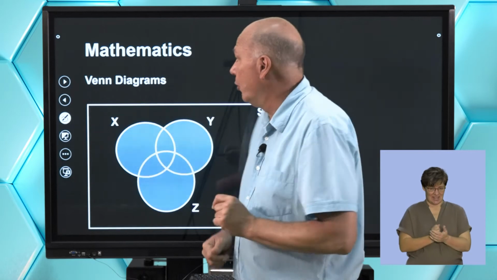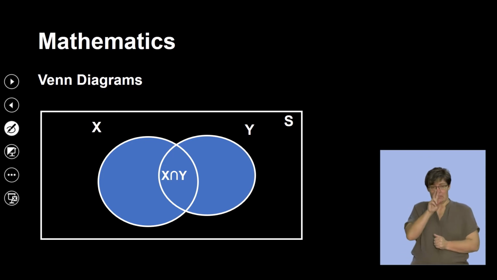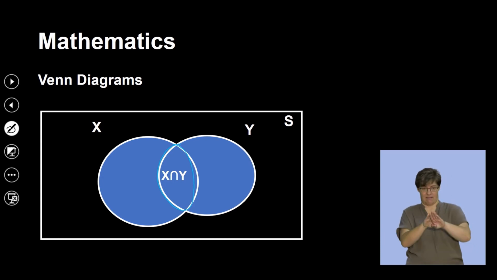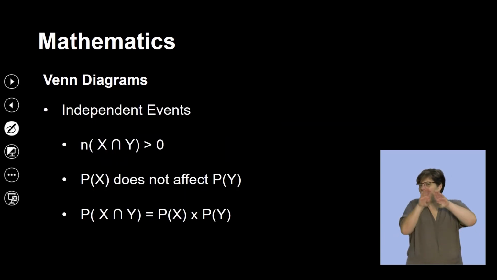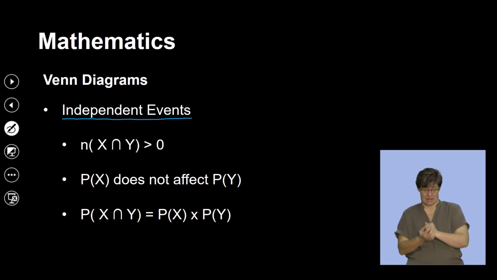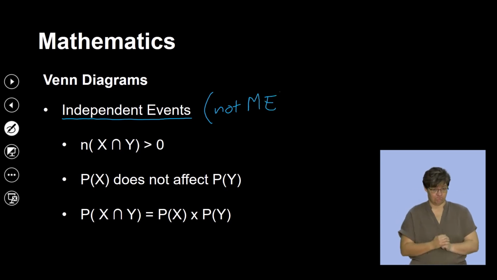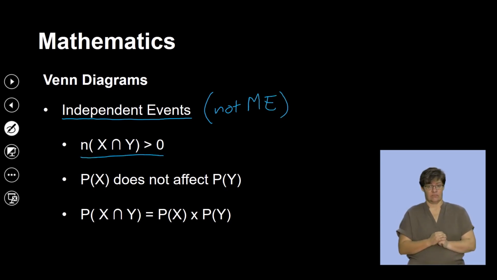Let's just move on to one other concept. We recognize in this situation that the focus is on the intersection between X and Y, and we want to ask about the nature of that intersection. What I need you to understand is that there are two types of events. Events which have an intersection, they are not mutually exclusive. So they're not mutually exclusive. They do have an intersection.